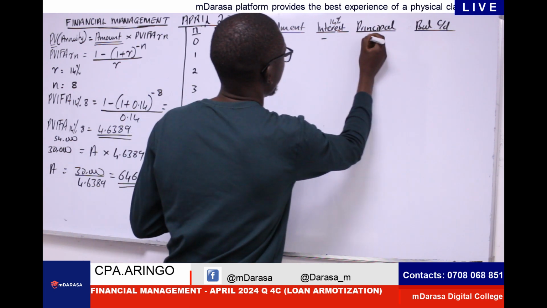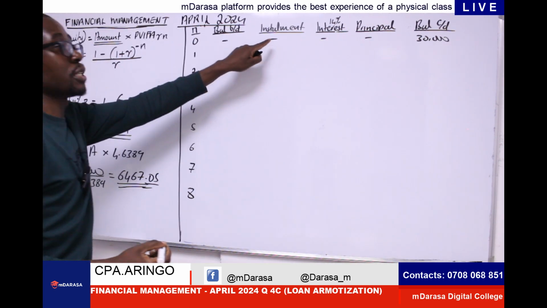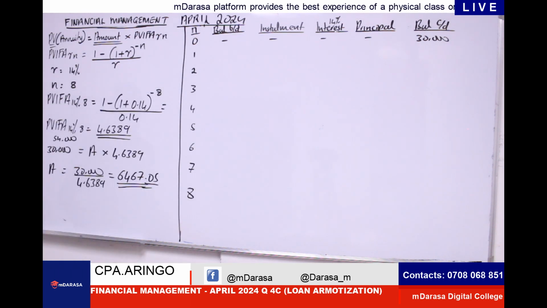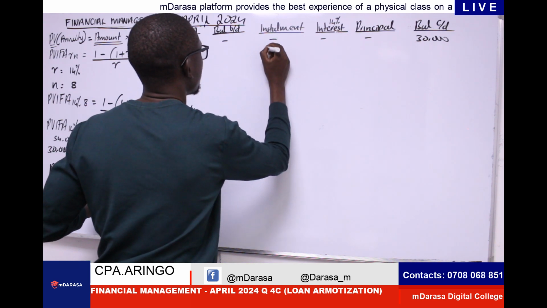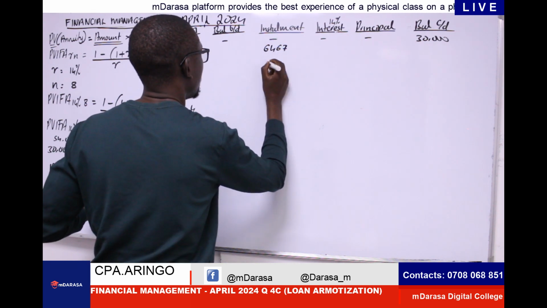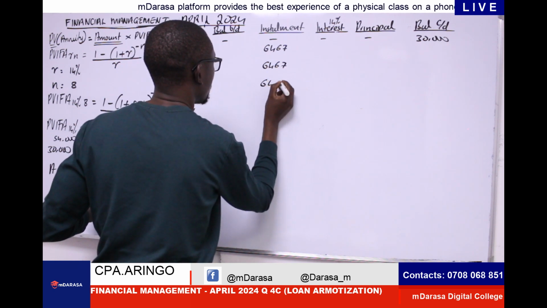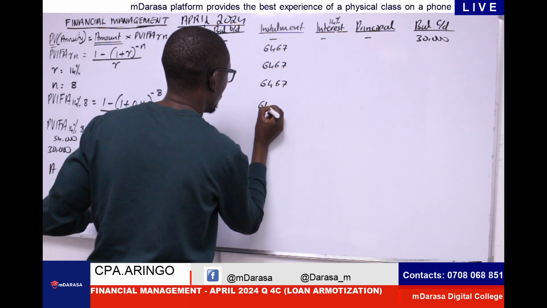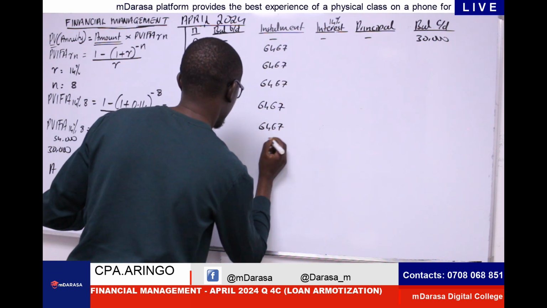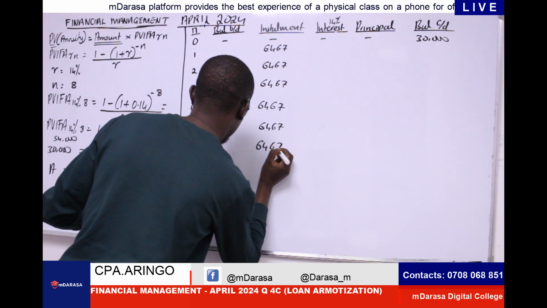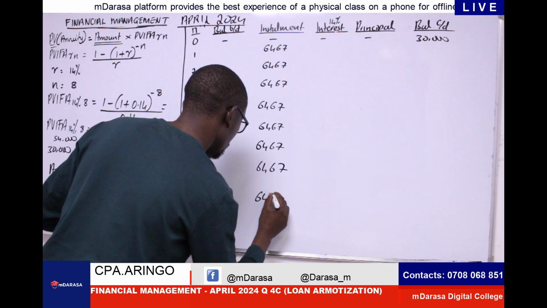As at the end of the day, my good students, see how this will be very easy. Because we know every installment will be the same all through. That's why we termed it as annuity. And for installment, you have determined here to be 64, 67. So I'll be having 64, 67, 64, 67, and so on, all through.